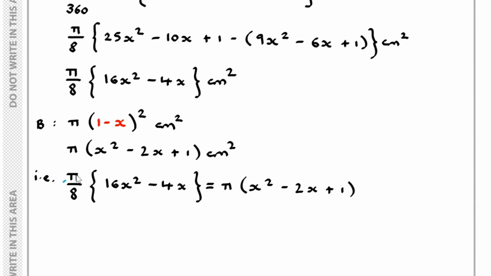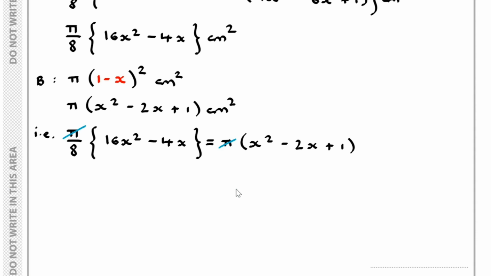And you'd find the pi's cancel, and if I multiply by 8 on both sides to get rid of this fraction, we'd have 16x squared minus 4x equals 8x squared minus 16x plus 8.